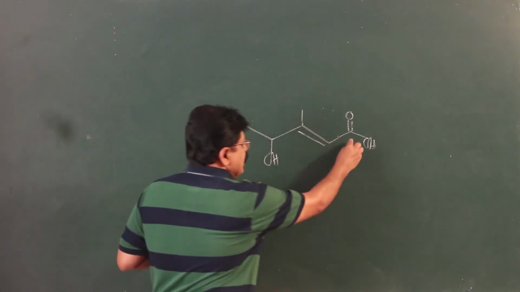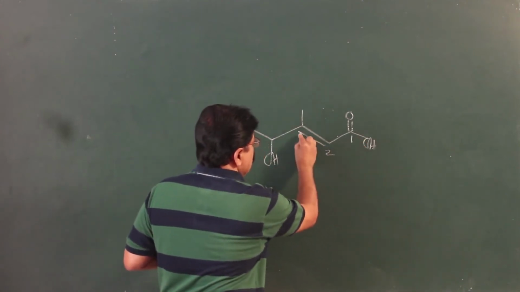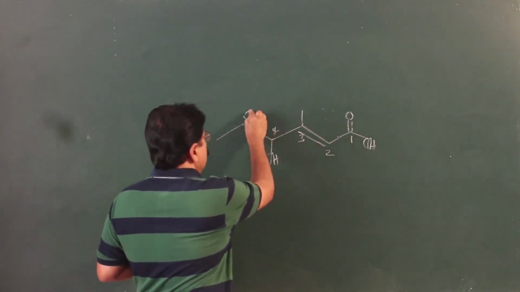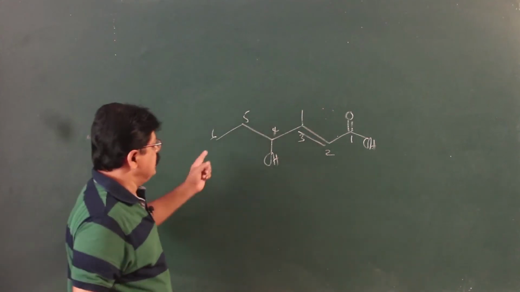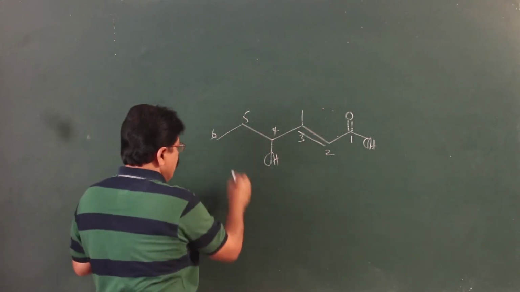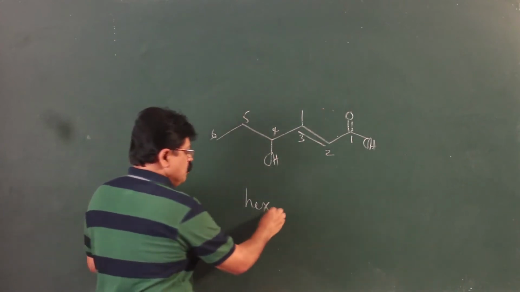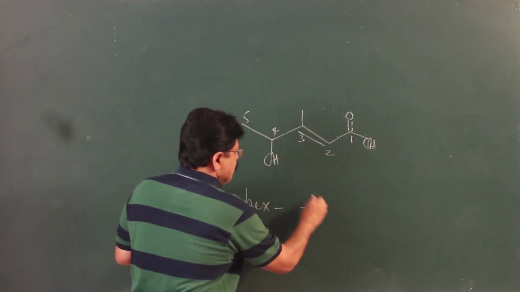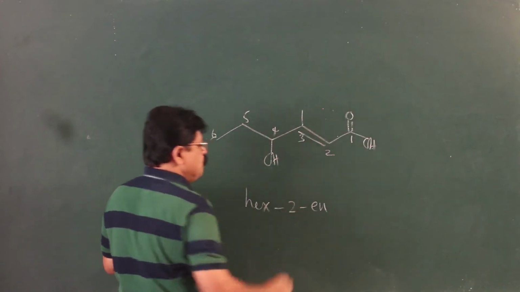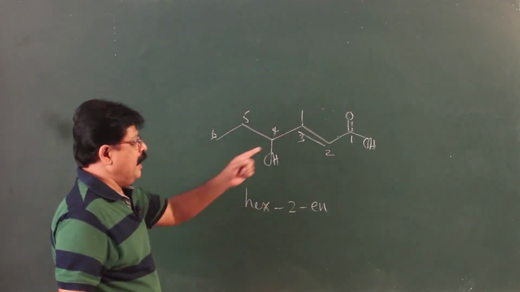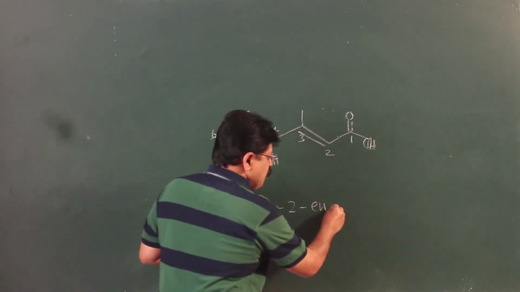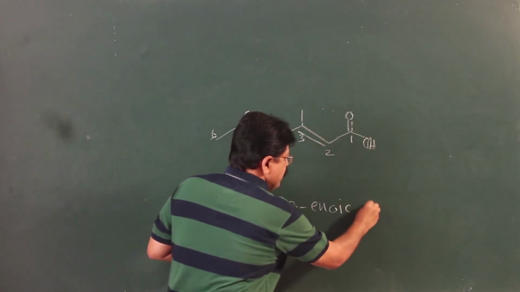So, we put the number starting from here 1, 2, 3, 4, 5 and 6. A 6 carbon system should be called hex. Because there is a double bond, you have to add the letters ene. You have to put the number 2. Instead of E, you add the letters oic acid.